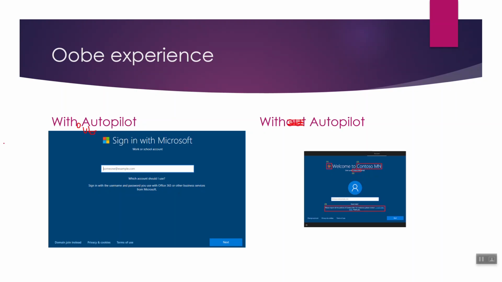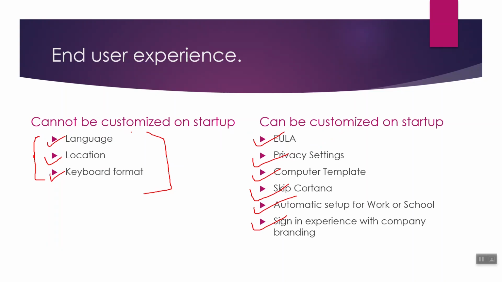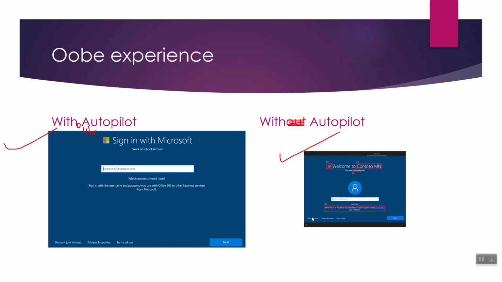So this is without Autopilot and this is with Autopilot. When we are just powering on a device which has no Autopilot profile assigned to it, it's going to show those three screens, obviously, the language, the location, the keyboard, and by default it's going to show you the end user license agreement, the privacy settings and Cortana.